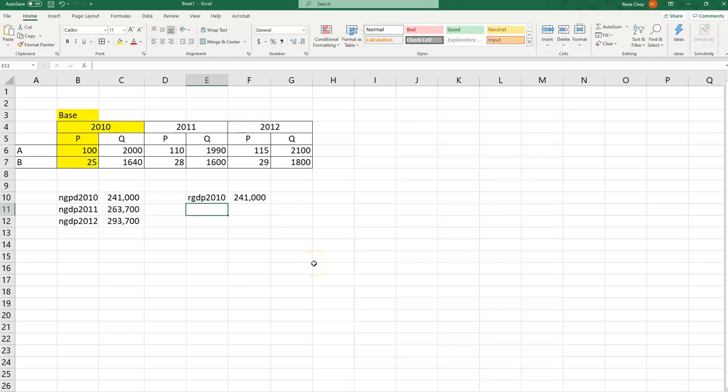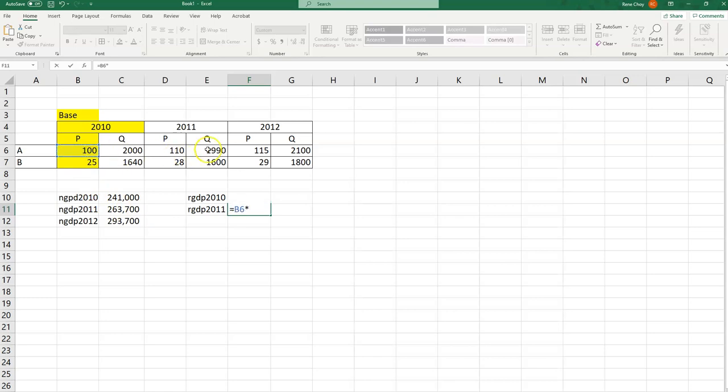So if we were to do real GDP for the year 2011, we now have to use again the prices on the base. So we have to do prices on the base times quantities in 2011, and then we add prices on the base times quantity in 2011. Real GDP for 2012 is equal to prices on the base times quantity in 2012.